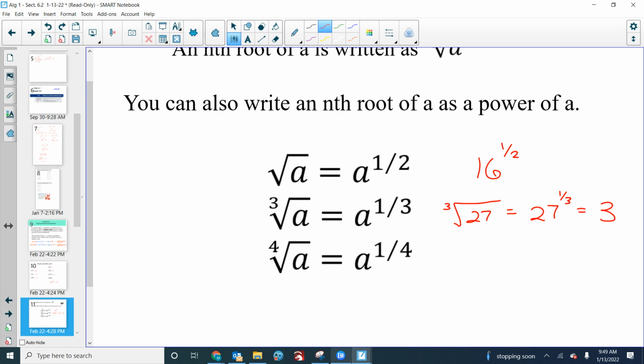It kind of already tells you your answer if it's written in the half form. Why is that? Because under the 1 there's a 2 and then equals 2. What's the square root of, what's 16 to the 1/2? 2. I mean 4. 4.